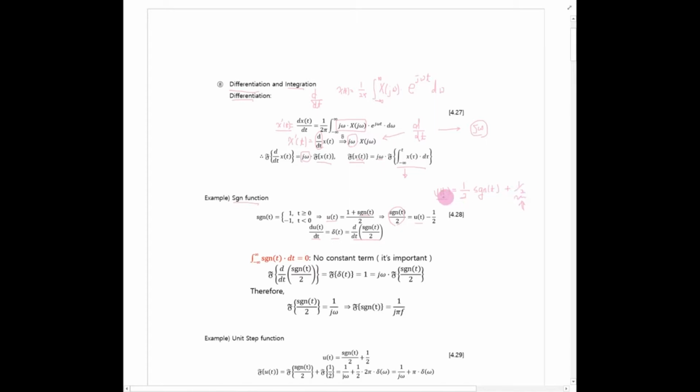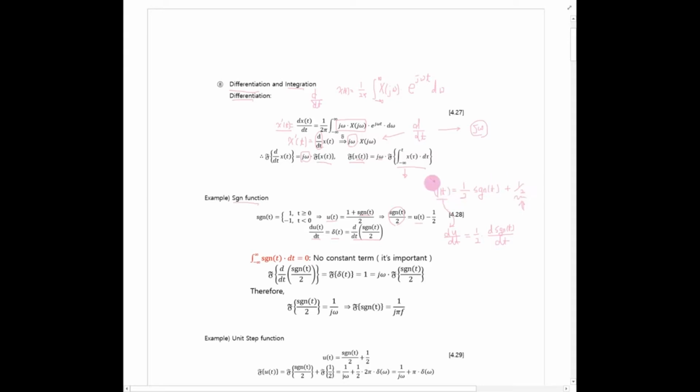It means that taking the derivative, du over dt equals one half times d sign(t) over dt, but the constant part is removed.